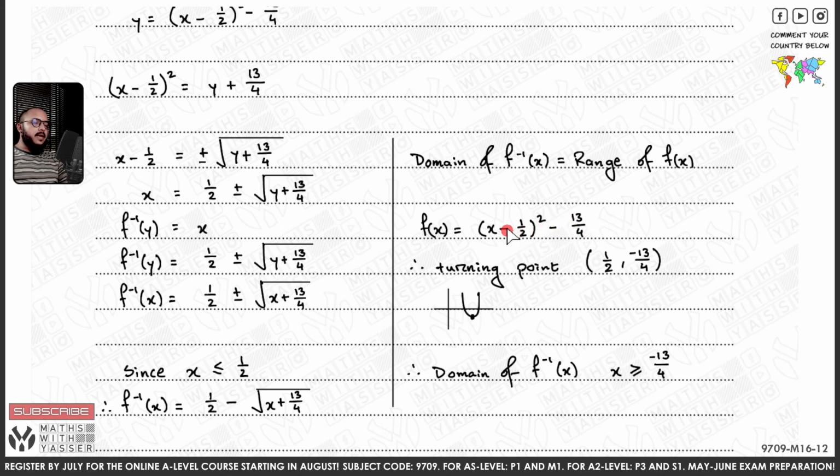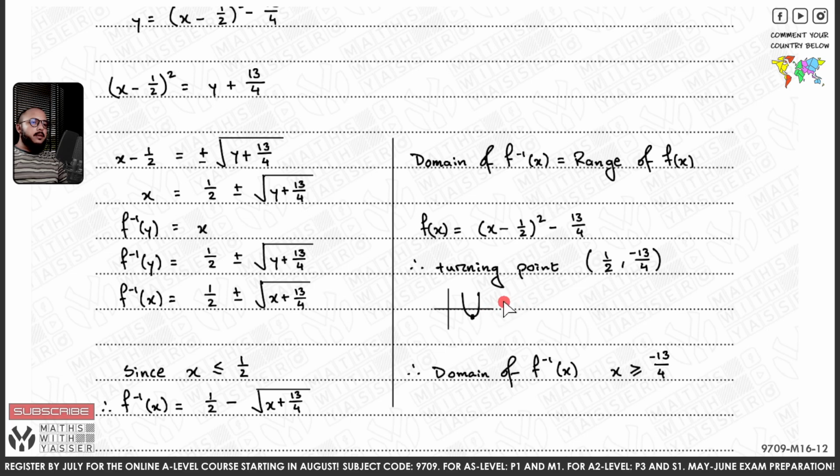And we know that from completing the square, we get the turning point of the equation. And since it's a positive quadratic equation, the curve will have a U shape, and the turning point will be at positive half and negative 13 by 4.